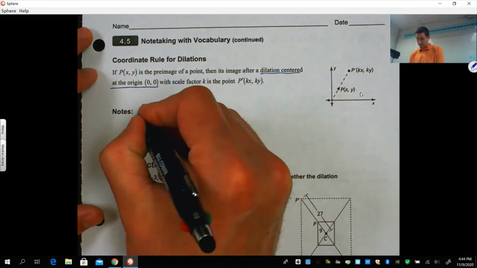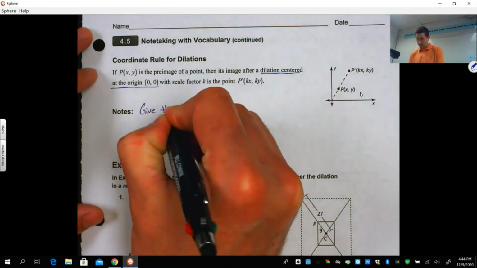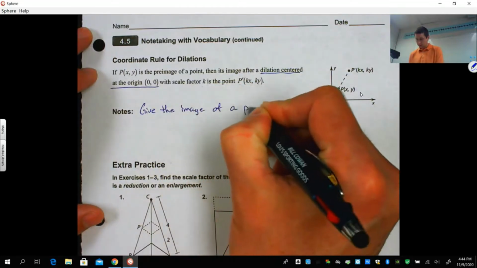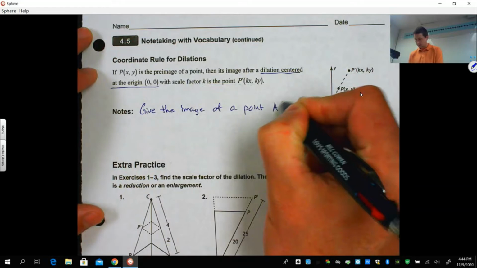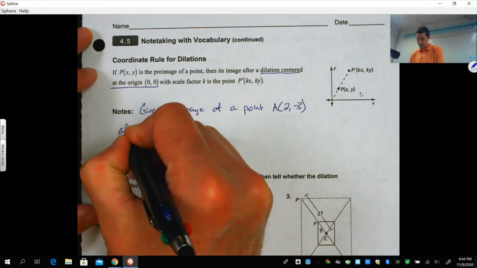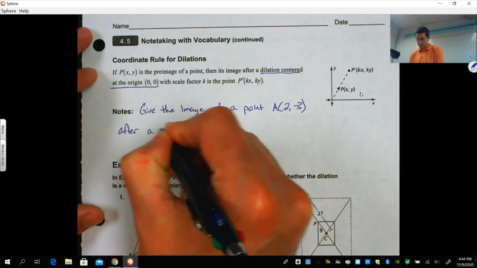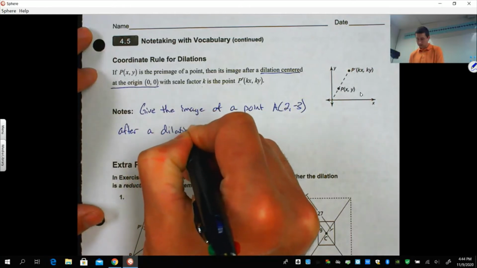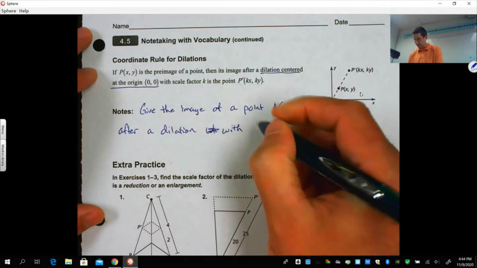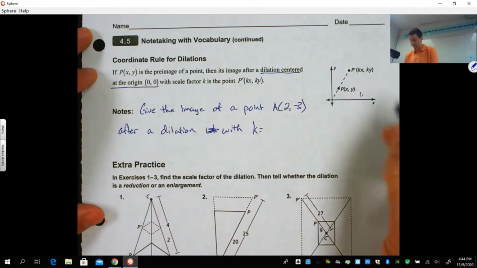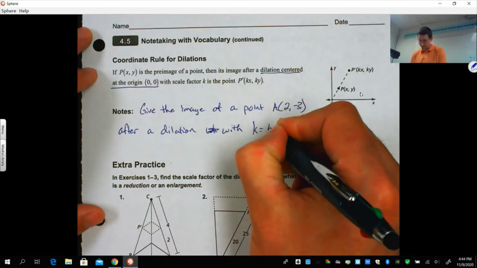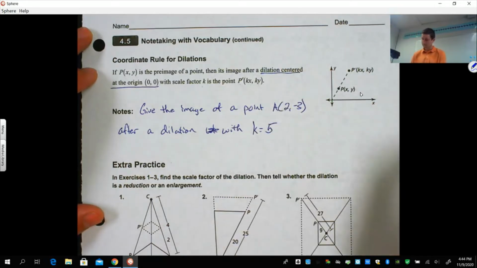So we can say, give the image of a point A, which could be at (2, -3), after a dilation with k equaling 5.